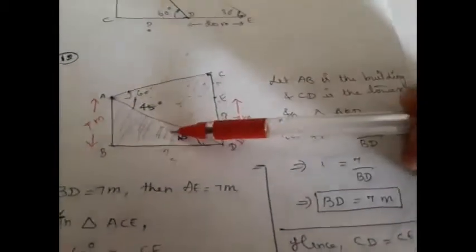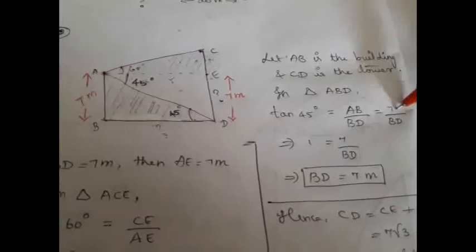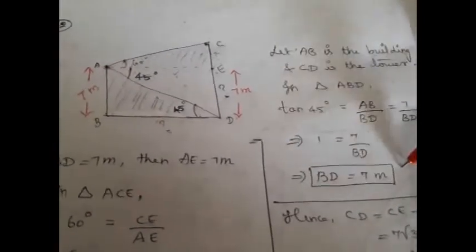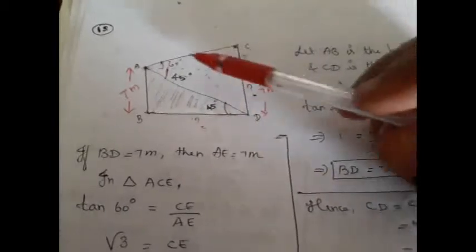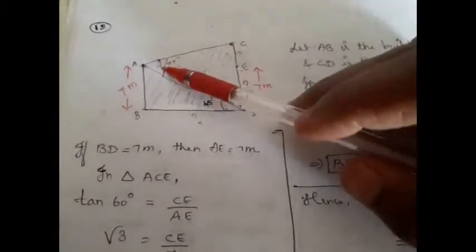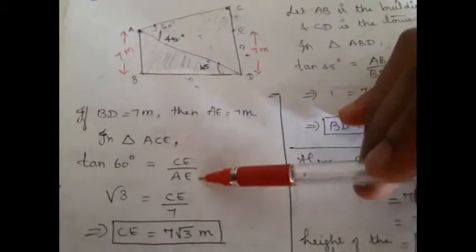So as usual, tan 45 is going to be AB divided by BD. So 7 divided by BD, we got BD measurement as 7 meter. BD is also 7 meter. If BD is 7 meter, AE is also going to be 7 meter only. Now consider the upper triangle. Tan 60 is equal to CE divided by AE, opposite divided by adjacent.